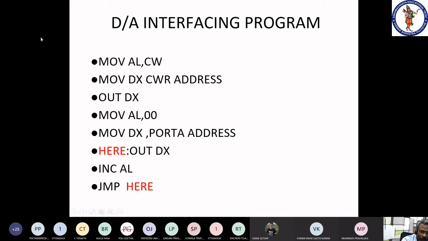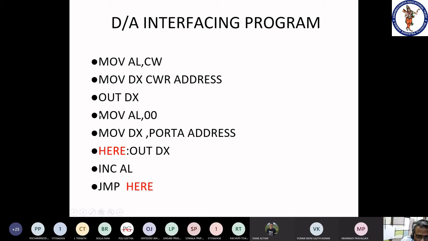That's why initially we wrote MOV AL, control word. We prepare the control word, and that is loaded and copied into the control word register. The very first three instructions are used to initialize the 8255 as per the requirement. The requirement is port A output port, mode 0 of operation, IO mode of operation.